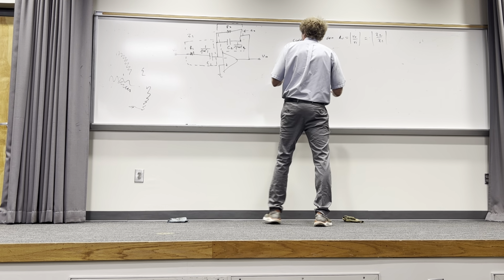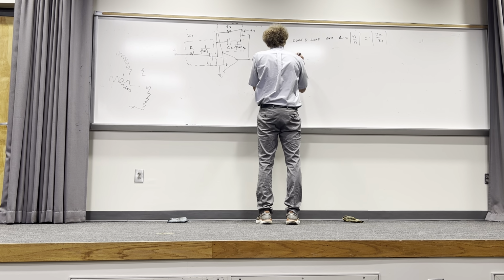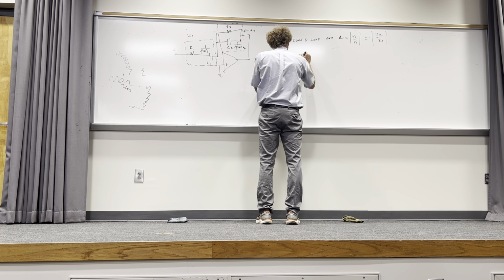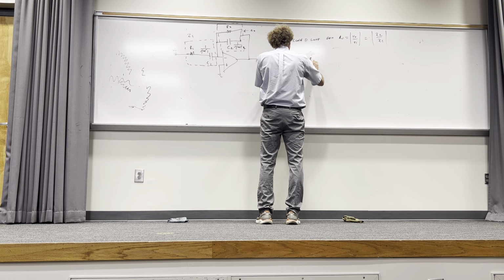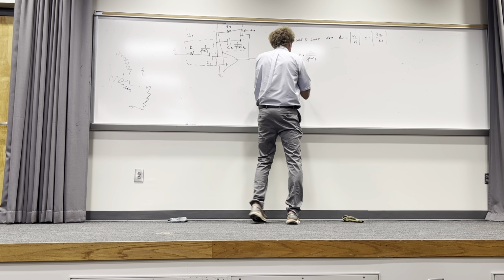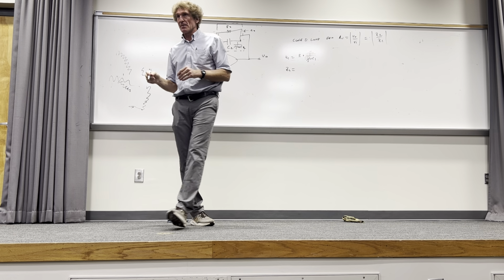So now we find out what Z1 is. Z1, right here, is simply going to be R1 plus, sorry, 1 over J omega C1. And Z2, I gave you a tip about this last time, right?